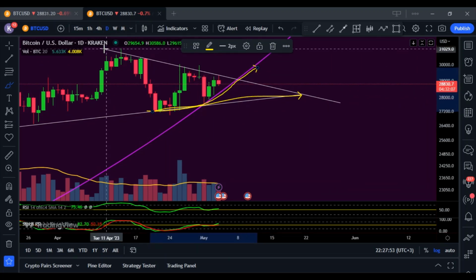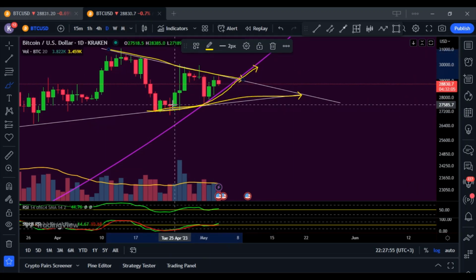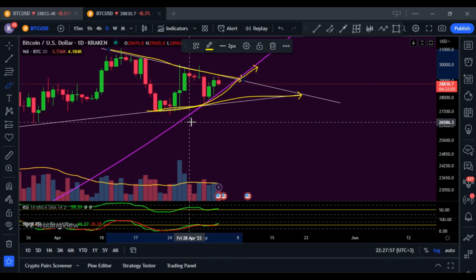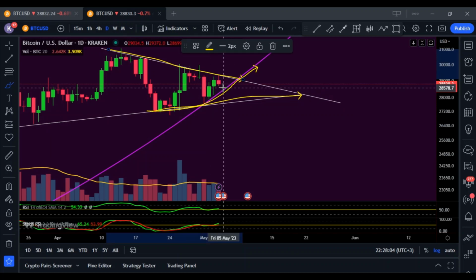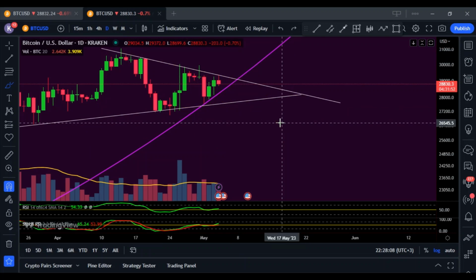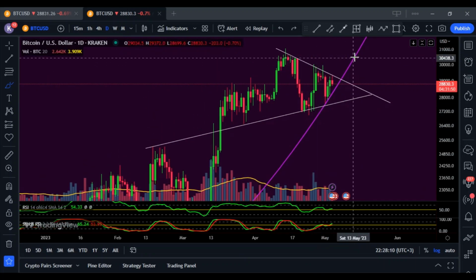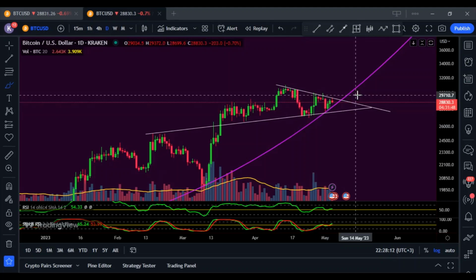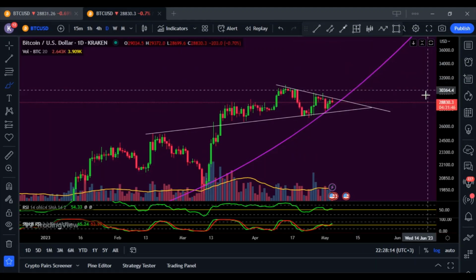So we need volume so that we can create this break to the upside, but the time is ticking, and we have 1, 2, 3, 4 days at max for Bitcoin to make a decision to either fail this pattern or fail this triangle or keep on track.